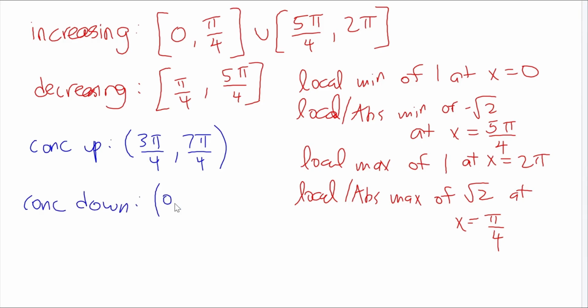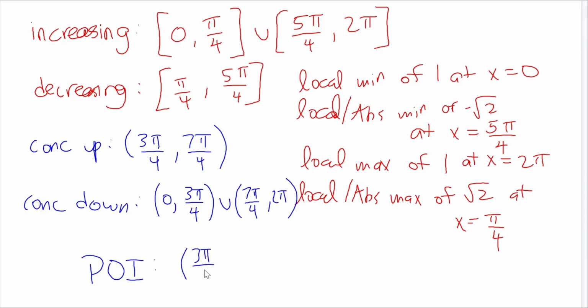We were concave down from 0 to 3 pi over 4 and from 7 pi over 4 to 2 pi. And then we did have the 2 points of inflection. Both points of inflection had a y value of 0, and they were at 3 pi over 4 and 7 pi over 4. So 3 pi over 4 comma 0 and 7 pi over 4 comma 0.